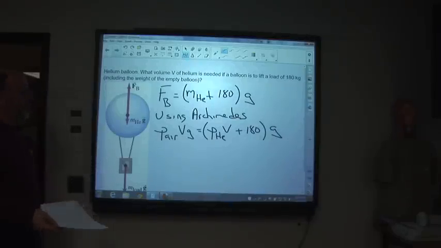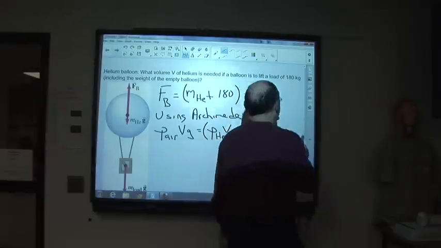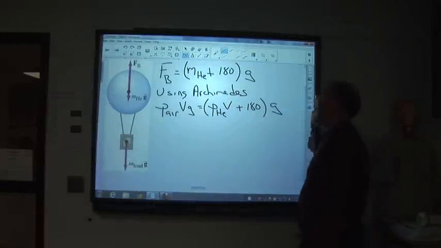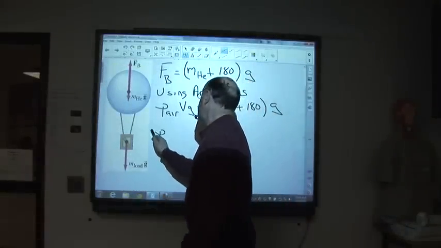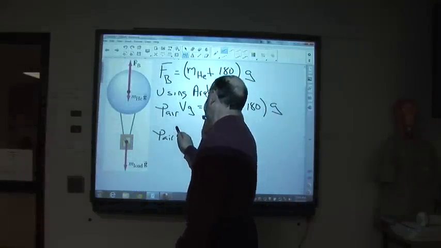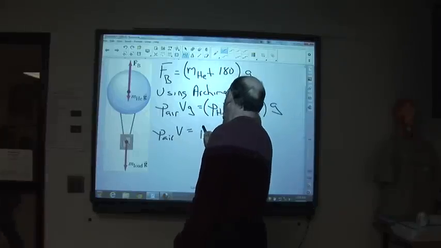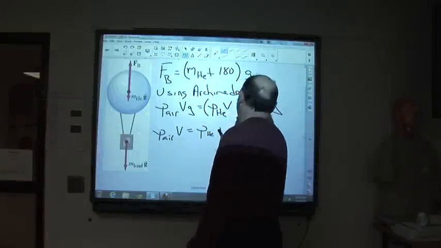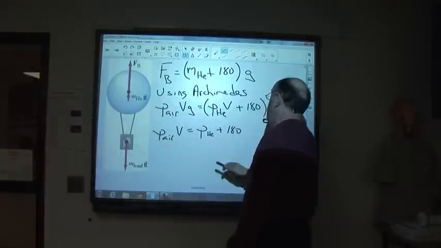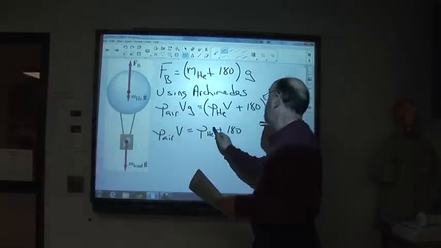Well, G is common to both terms, and so G can be canceled out, and so the density of the air times V is going to equal the density of helium plus 180 times V. Okay.